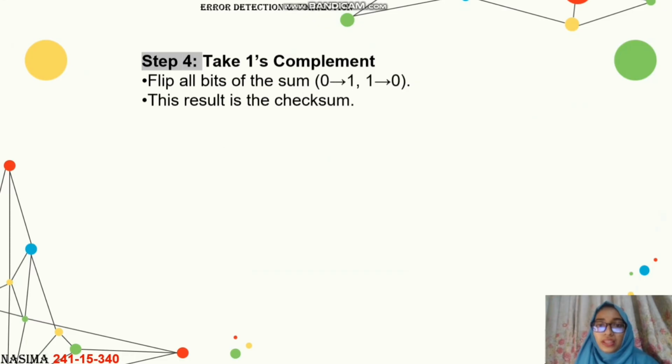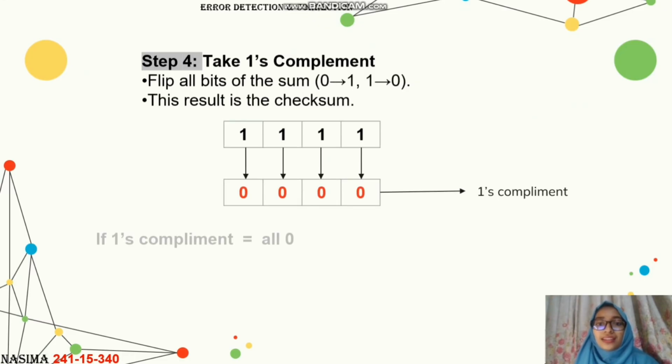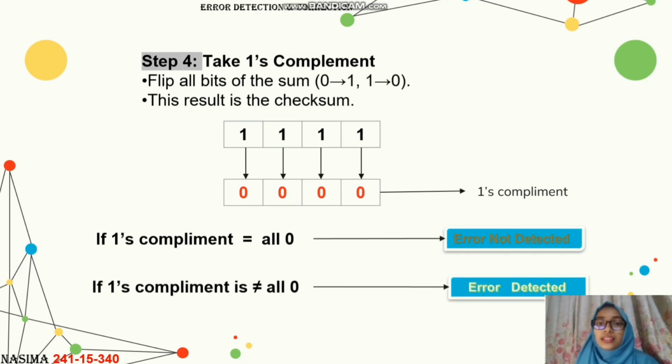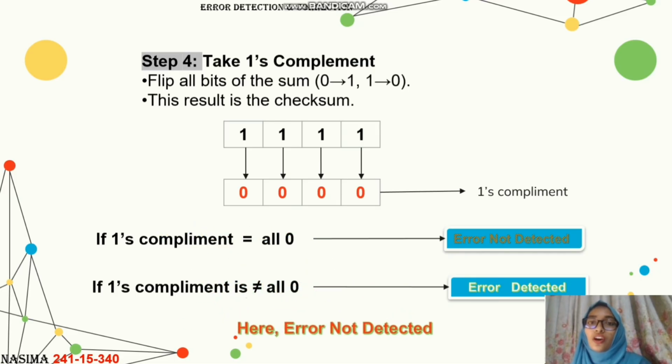Take the 1's complement, 0 0 0. Here the result is the sum of the receiver's, the checksum is 0 0. So the 1's complement is all 0, so no error is detected. And if the 1's complement is not all 0, an error is detected. So here no error is detected. Here is the end of my topic, and thank you.